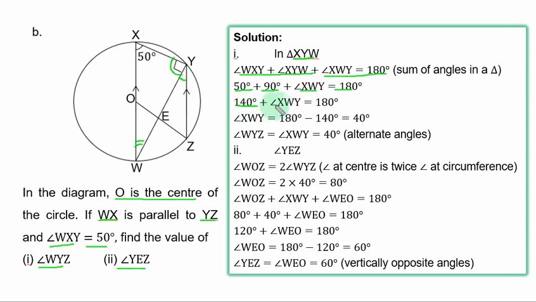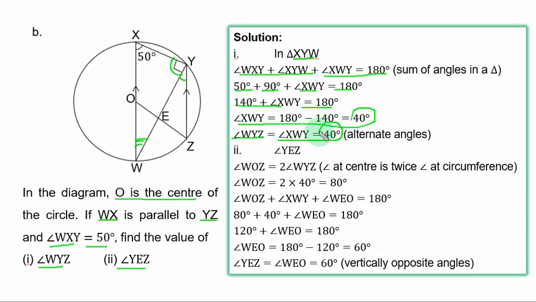That is 140 plus angle SWY equal to 180. This angle is SWY. To get that angle, you collect like terms, and after subtraction, angle SWY becomes 40 degrees. Now, angle WYZ that you are asked to look for is equal to angle SWY, and that is 40 degrees.